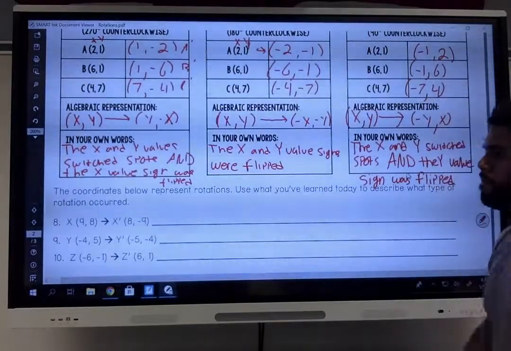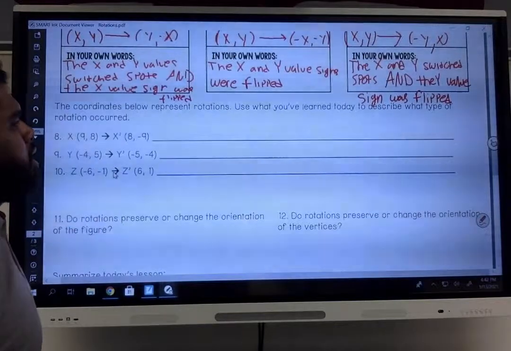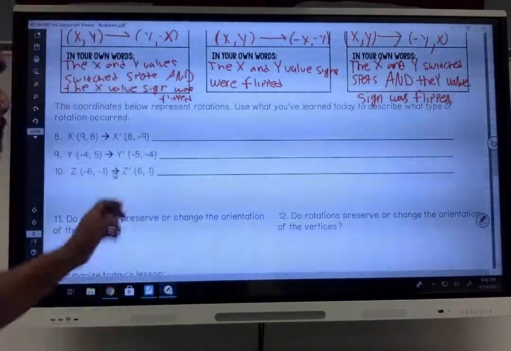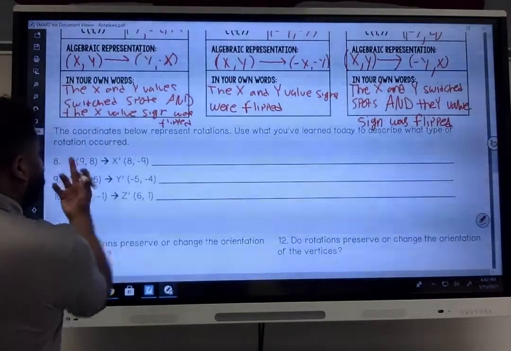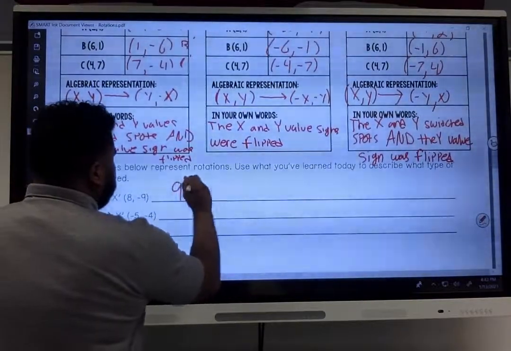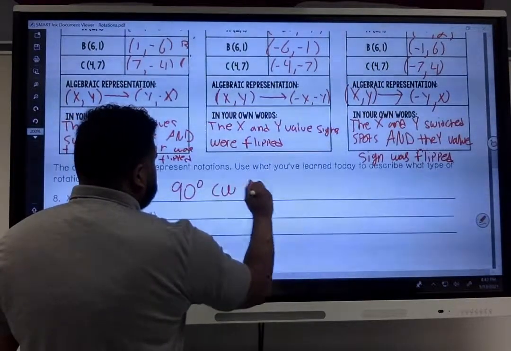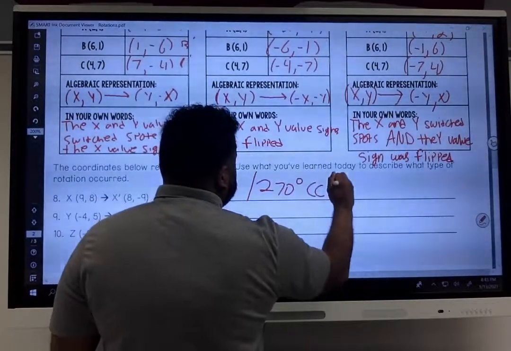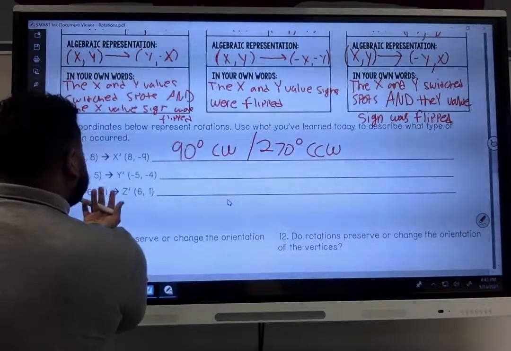Okay. So the coordinates below represent rotations. Use what you've learned today to describe what type of rotation occurred. Go ahead and pause the video and try for yourself, and I'm going to go ahead and write these answers. So this would be a, let's see, we flipped, and our x became a negative, so the x value changed. That's a 90-degree clockwise, otherwise CW rotation, or 270-degree CCW counterclockwise. Well, over here, again, they flipped, okay?